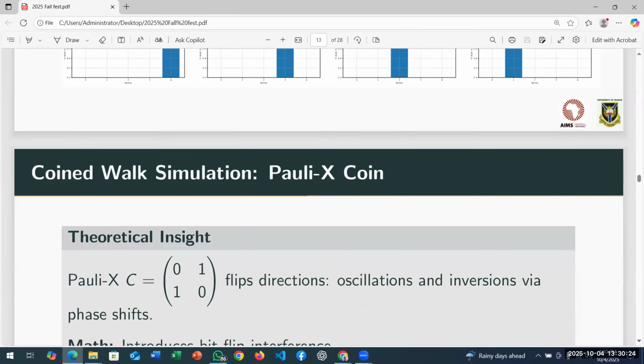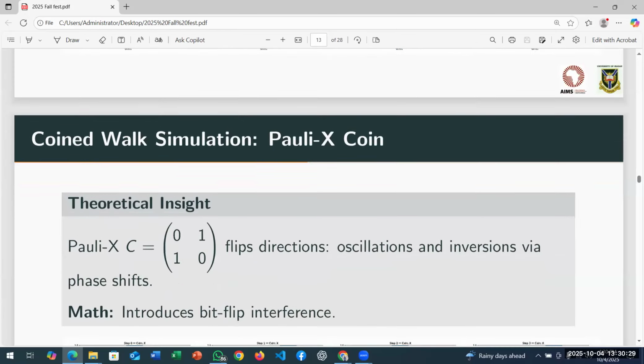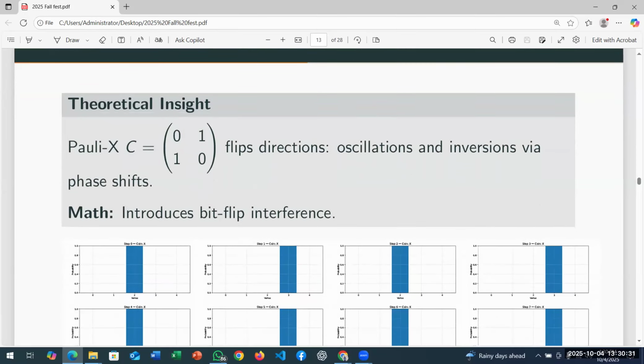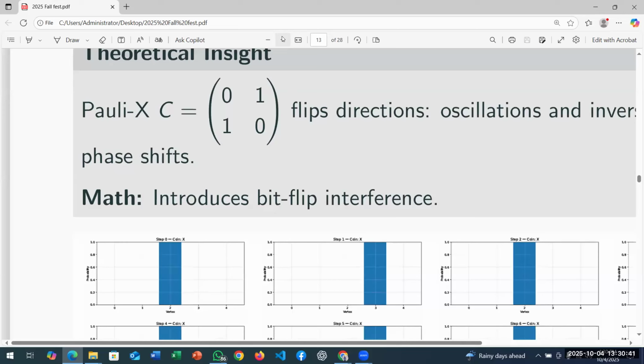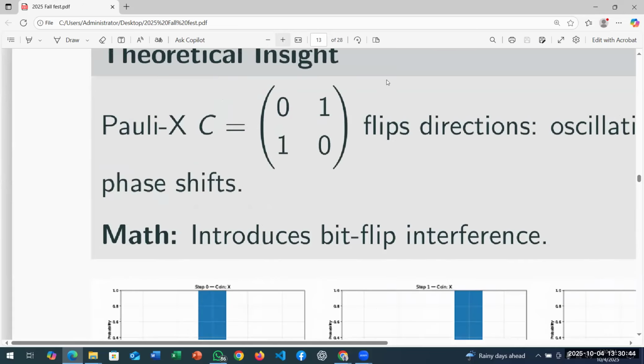Another one is the Pauli X coin. That one flips the bit. You should not forget that I chose left as my initial direction.